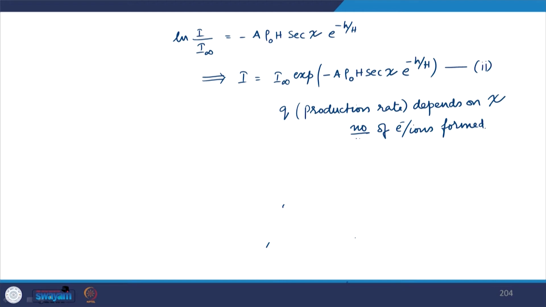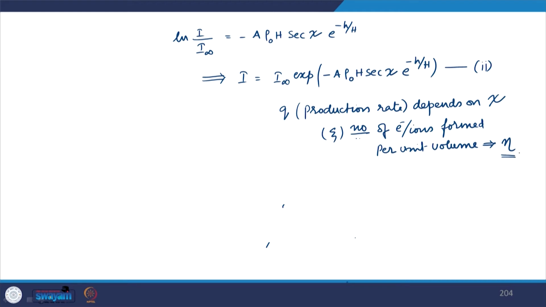And this is called, let's say, number of electrons per unit volume. We are going to call it eta. So the production rate, the rate at which electrons or ions are released or produced, depends on the angle at which the radiation is incident, and also the number of electrons and ions formed per unit volume. So this number is referred to as eta.